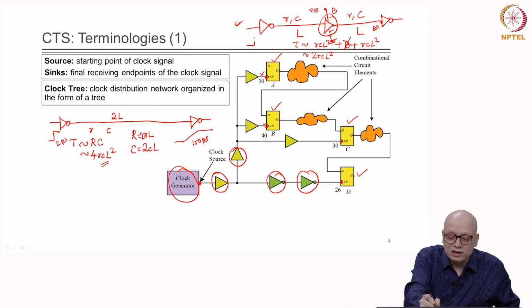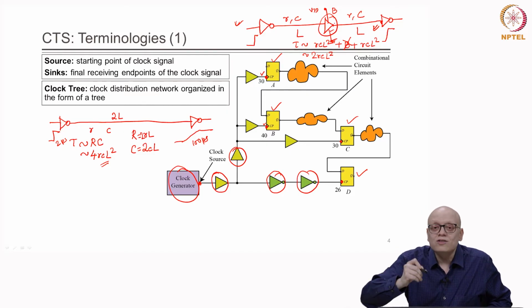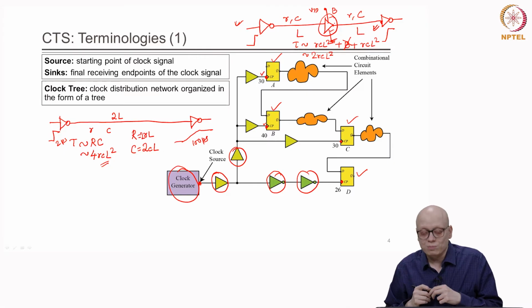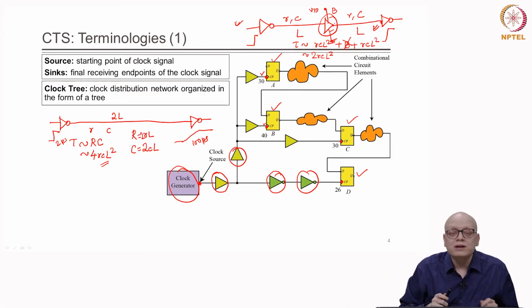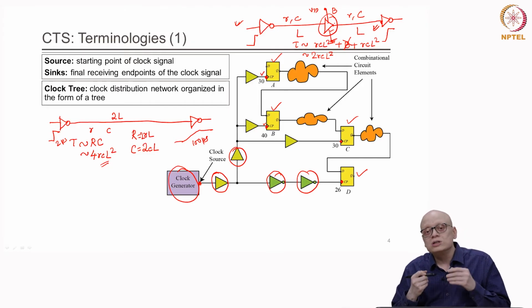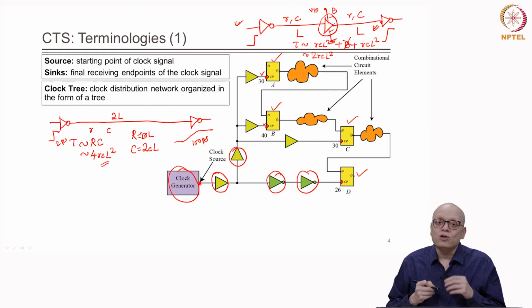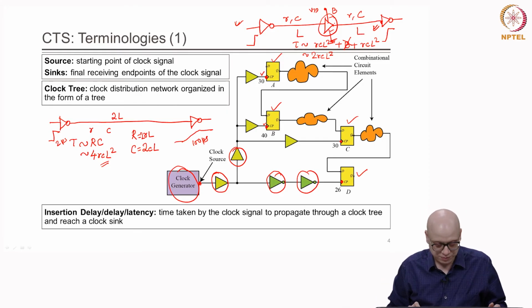If the signal was very sharp here, we expect the signal quality will be much better because of the driving effect of this buffer. And that is why in the clock tree we have lots of buffers and inverters, to restore the quality of the clock signal and also reduce the delay of the clock signal in propagating through the clock network.